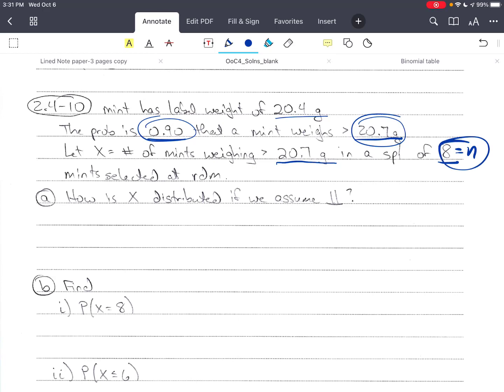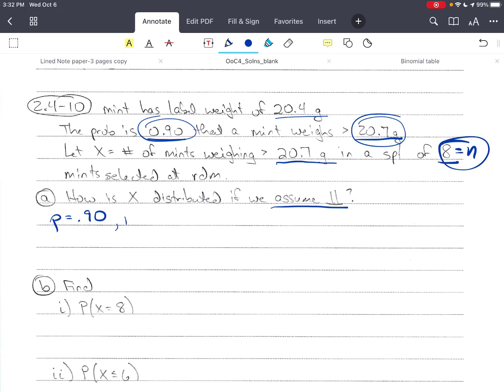And if we assume independence, then we have a binomial distribution because p equals 0.90 is the probability that any individual mint weighs more than 20.7 grams, and they're independent, so that means this is a constant probability.